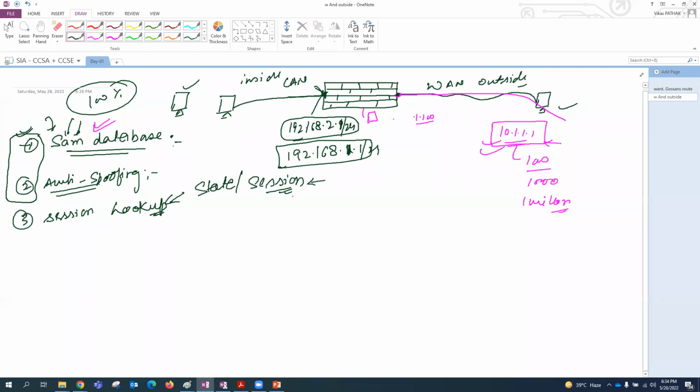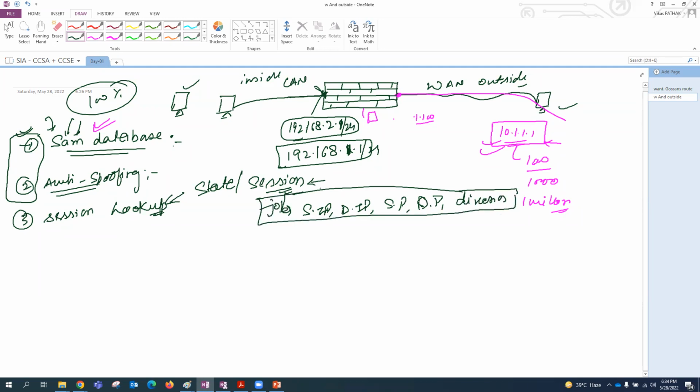Let me tell you briefly: in this state table, the source IP, destination IP, source port, destination port, the direction, and the job ID are maintained. These information will be maintained in the session table, and in the session table lookup, they will be checked.